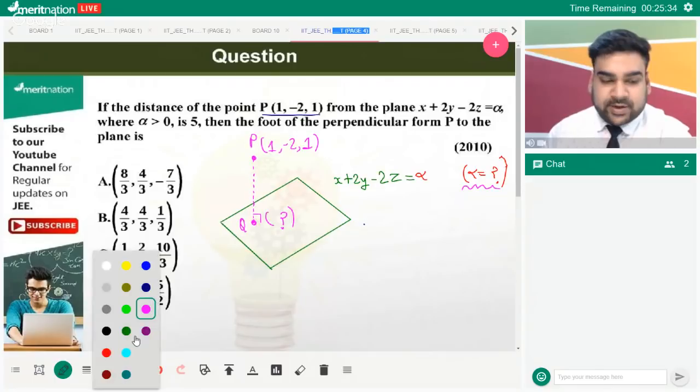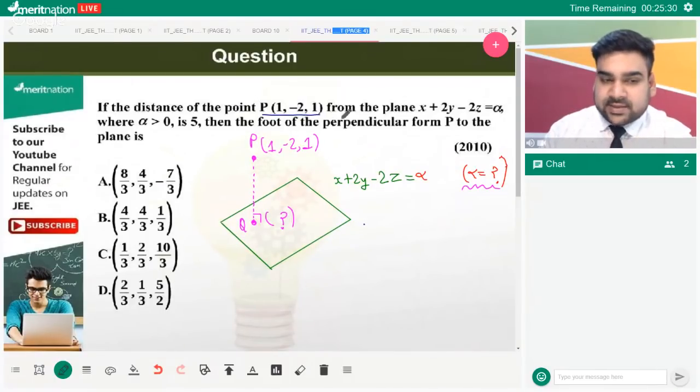To find alpha, one condition is given to us, that is the distance of this plane from the point P, that's equal to 5 units. This distance PQ is equal to 5 units. So the same I'm going to use to find the value of alpha.